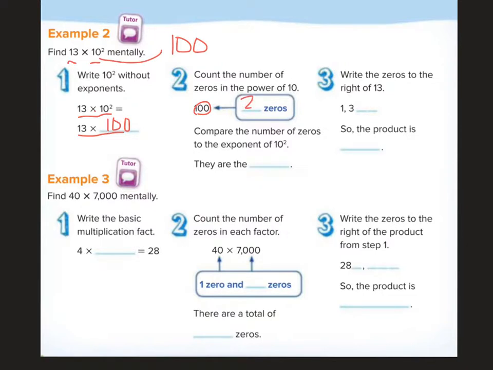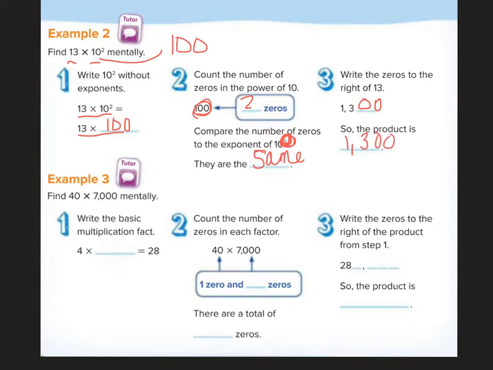Compare the number of zeros to the exponent. Look at that little 2, and there are 2 zeros. They are the same. The exponent and the number of zeros in 100 are the same. Write the zeros to the right of 13. We're multiplying by 100, so we put 2 zeros, and the product is 1,300.